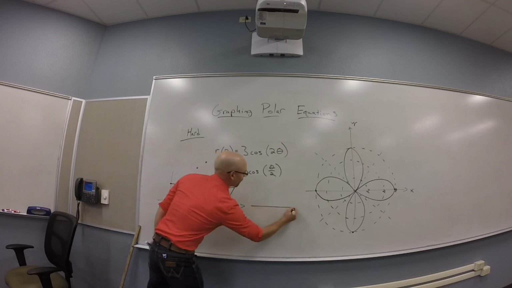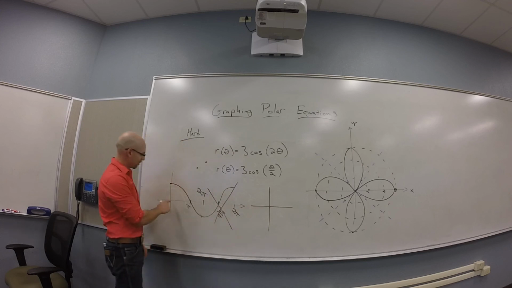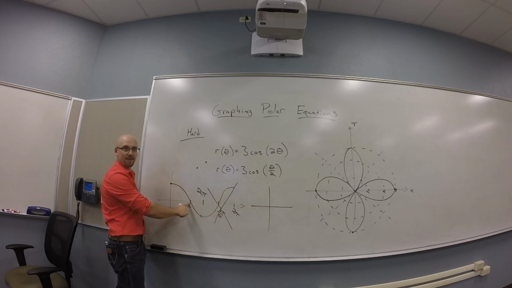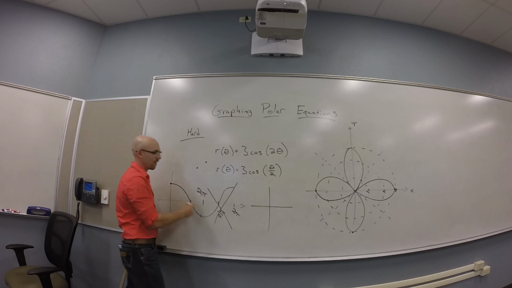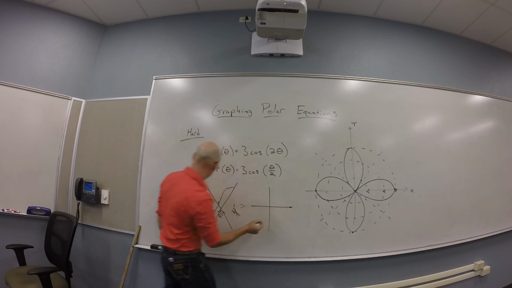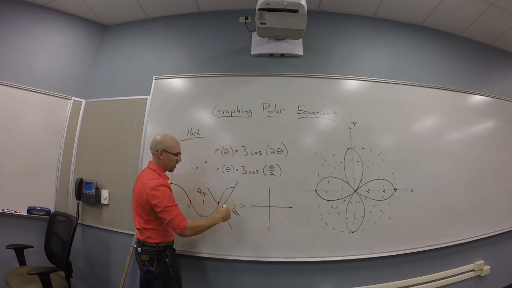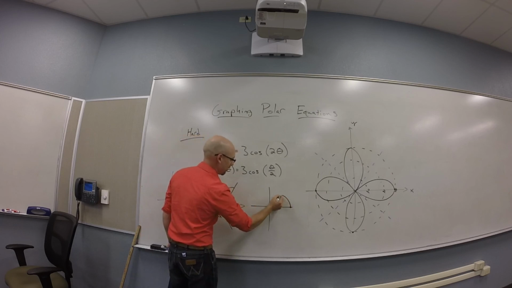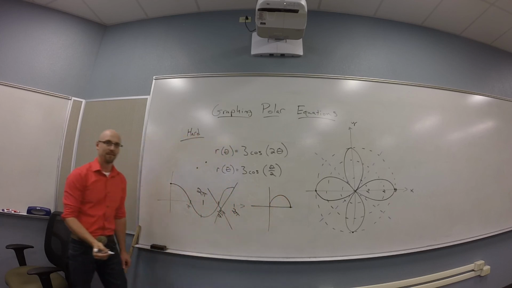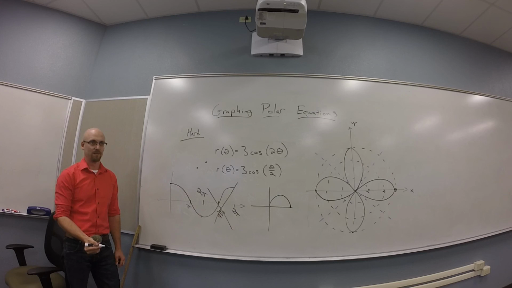Okay, so what's my once around look like now? Well, between the angles of 0 and pi, I went from a radius of 1 to a radius of 0. You guys see that? So, starting out here, at 0 and pi, I went from like this. You guys see that?